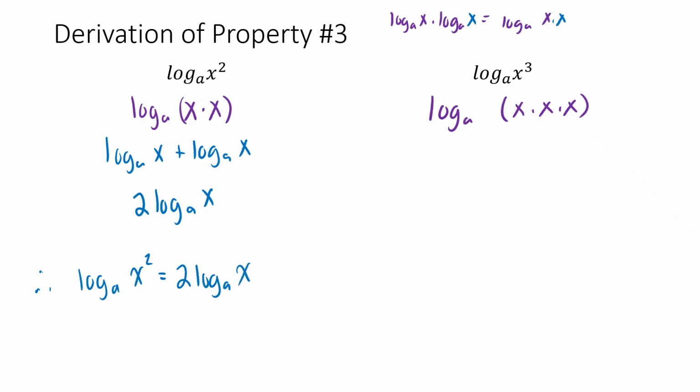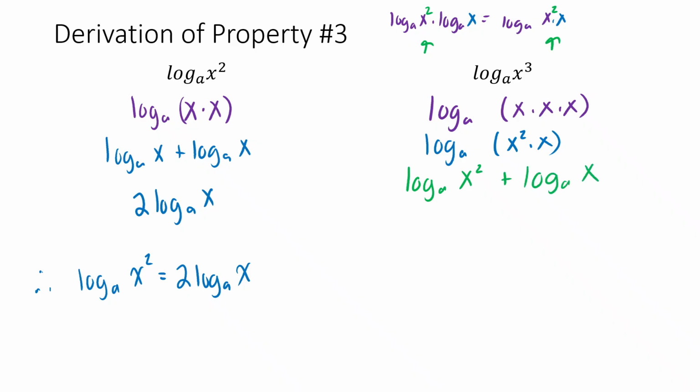Coming over here to the 3's, I'm actually going to use what I just did. So we could think of that as log base a of x squared times x. Now I can use what I got up here, x squared, like so. If you didn't see, I was just writing right up there. So that means this would be log base a of x squared plus log base a of x.